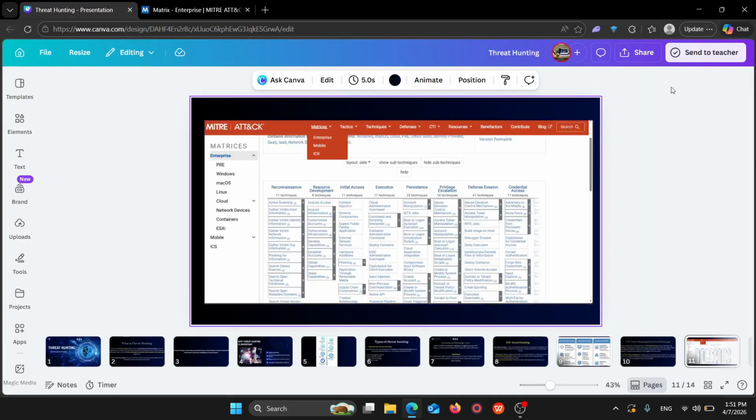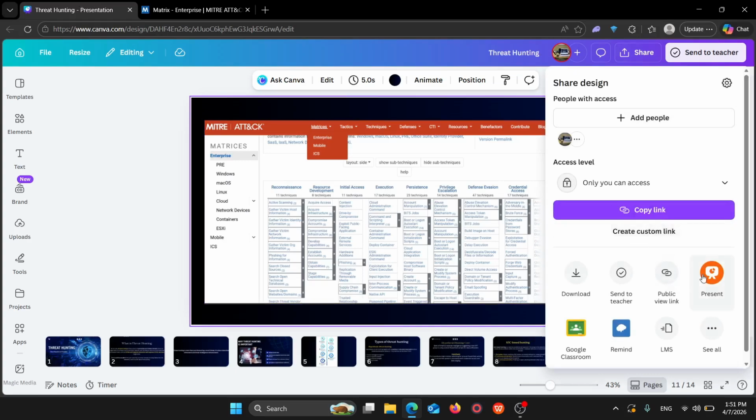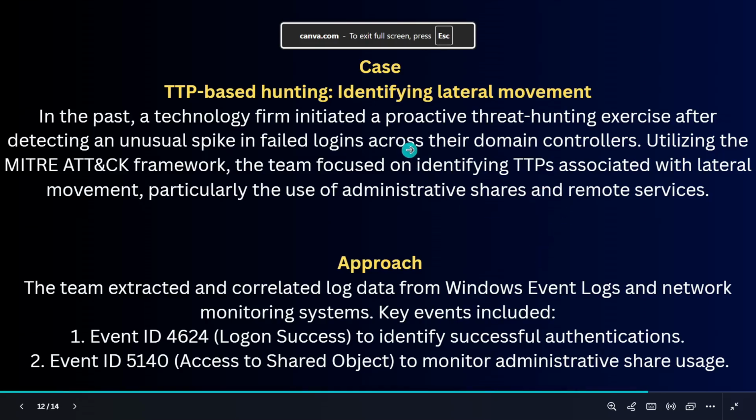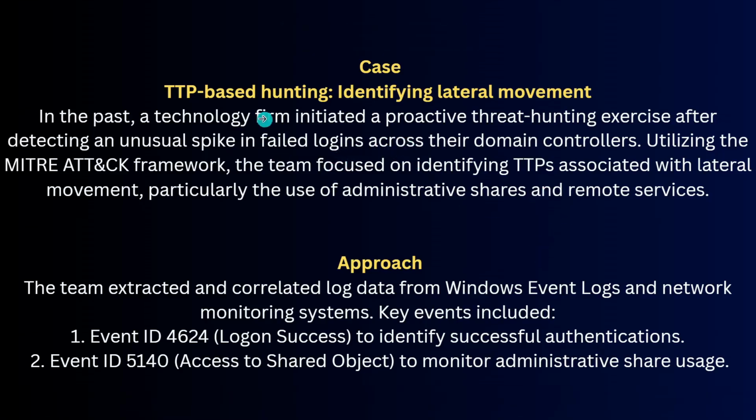So back to our presentation. Okay, full screen. So here is a case for TTP based hunting, as we have seen with IOC and hypothesis. Let's say, for example, in the past, a technology firm initiated a proactive threat hunting exercise after detecting an unusual spike in failed logins across the domain controllers, right?